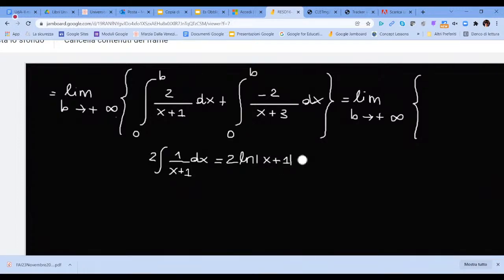Because if we differentiate this expression, the derivative is 1 over x plus 1 times the derivative of the argument. x plus 1 has a derivative only 1. So this is what we use in this integral.